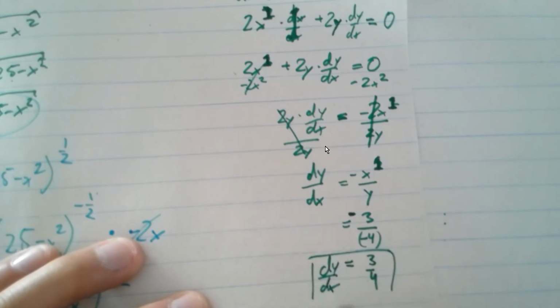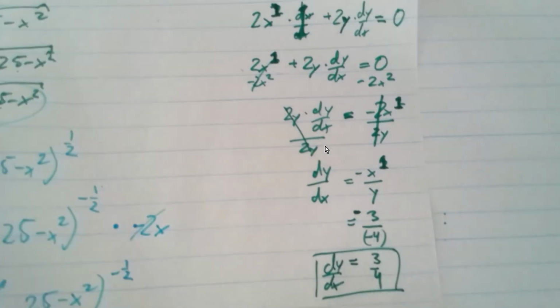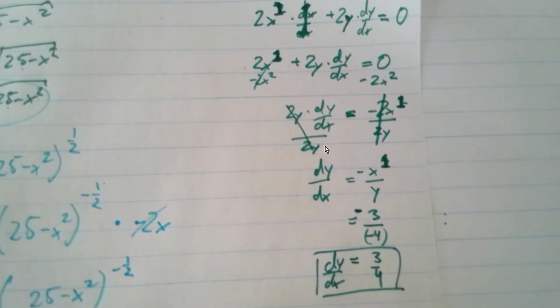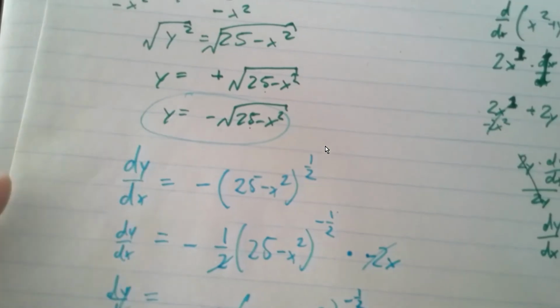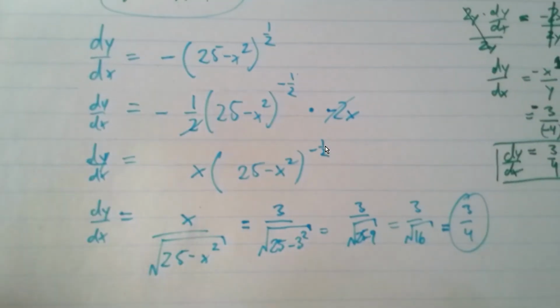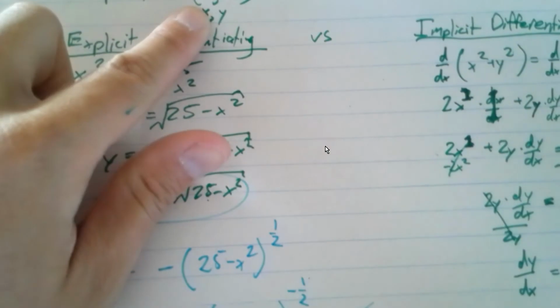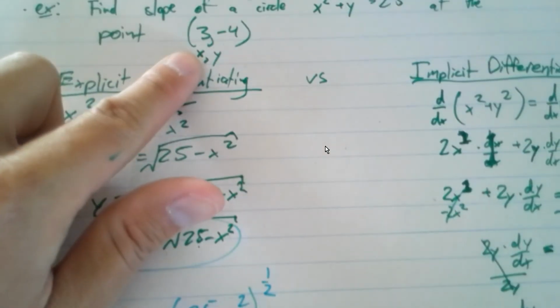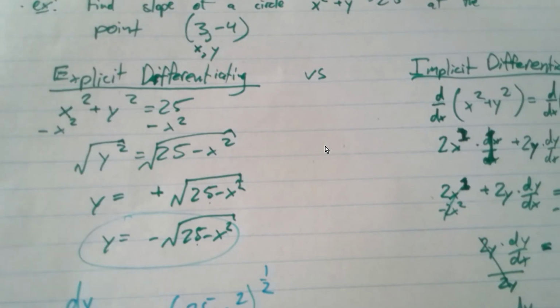There are 2 ways you could do this. Implicit is the easier way, but let's say you are stuck not just on your test, but for some reason you're having to do this as an engineer, and this function means something else. You're trying to build architecture. You need to find out that coordinate space at 3 comma negative 4, whatever that could mean, the location of a house or whatever it is.